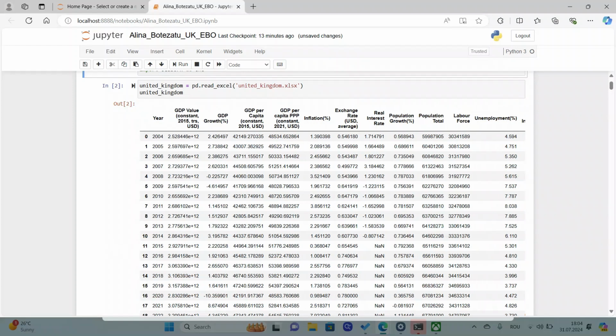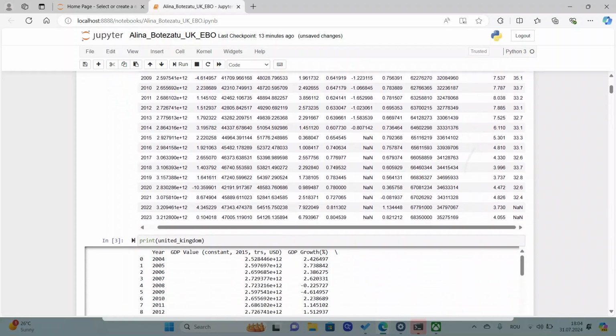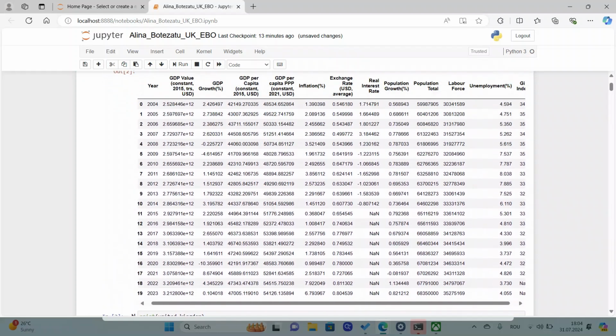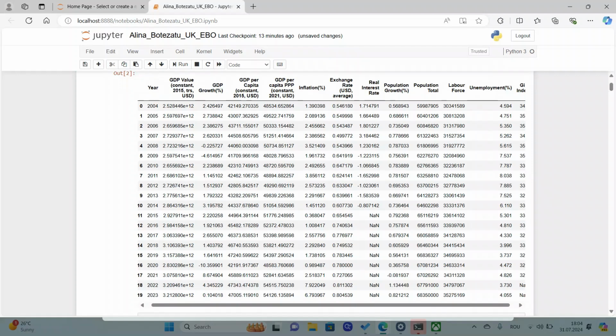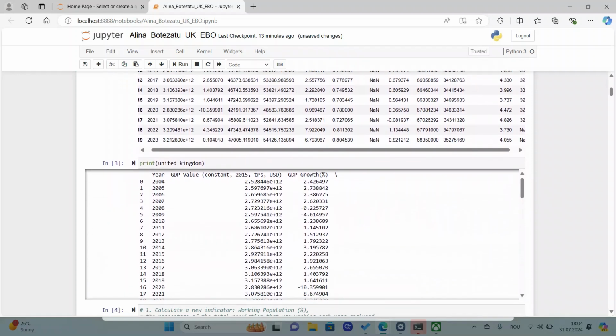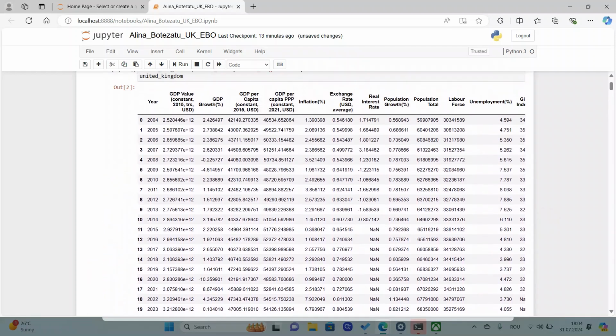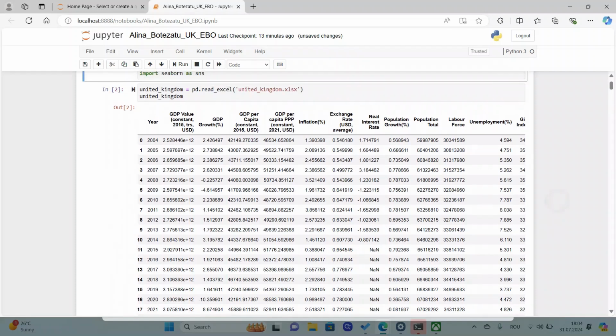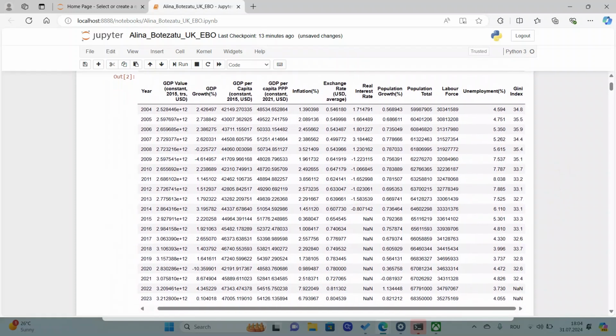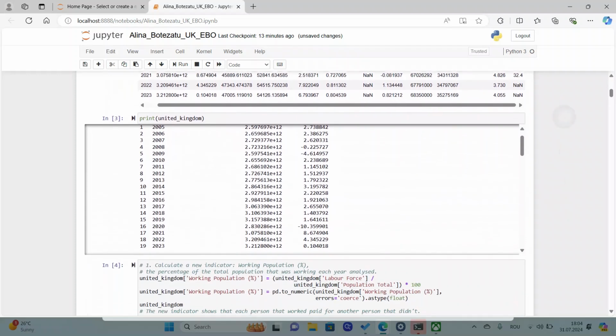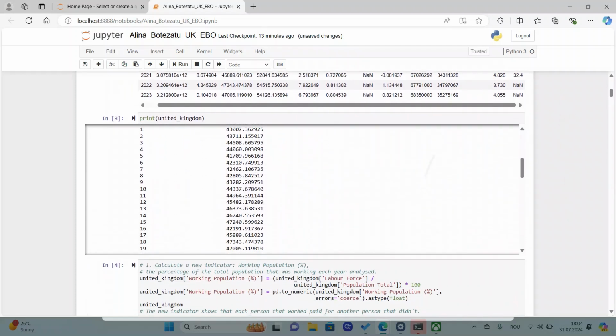It has 13 indicators, and these are the years 2004 to 2023. And now this is how it looks printed.